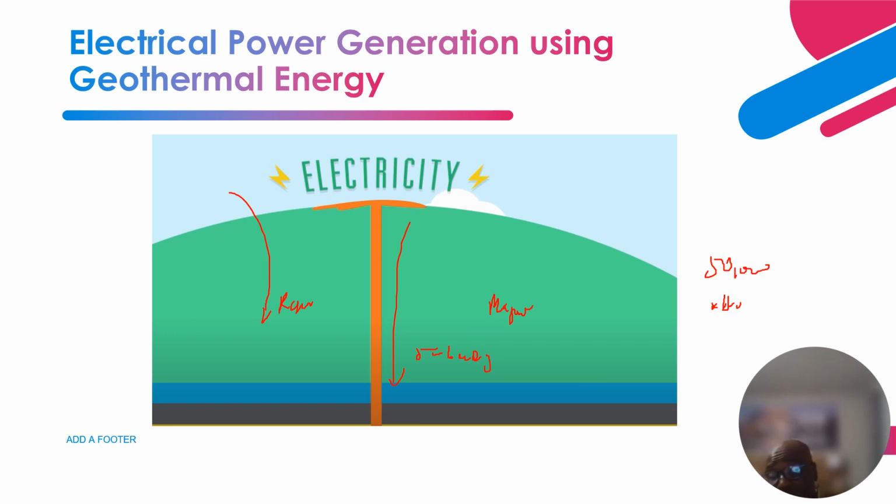So this hot magma heats all the water collected in the reservoir beneath the Earth's surface, like I said, 5 to 6 miles below. So basically, it turns into steam.